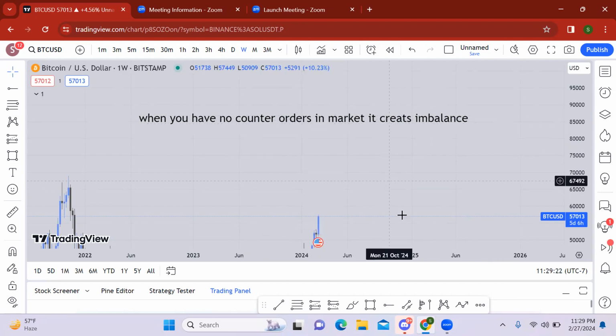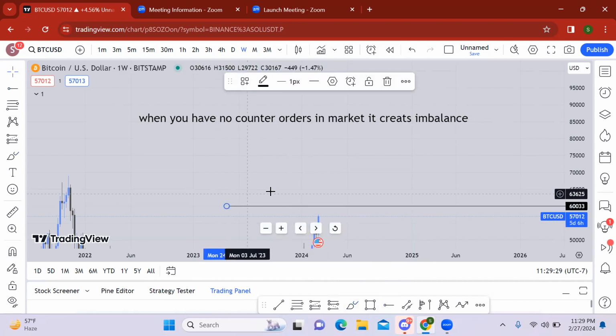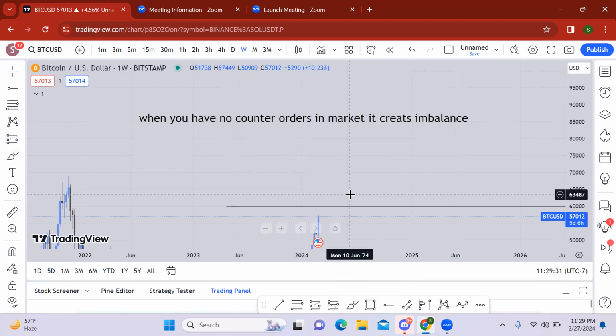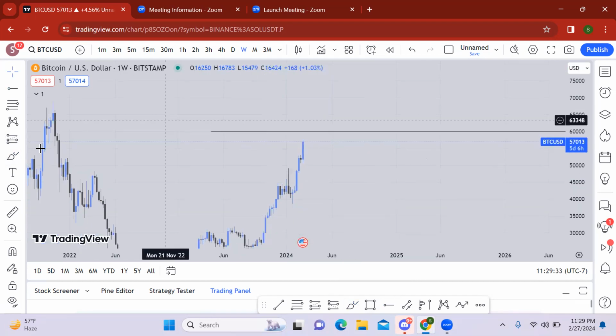What does it mean? Look how this market moves. This market moves between buyers and sellers.